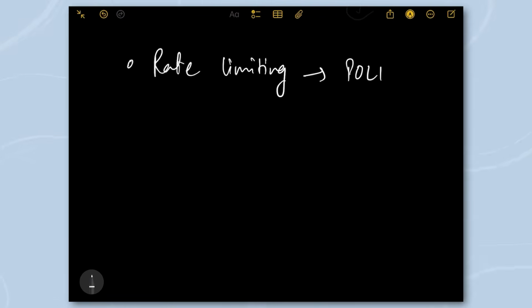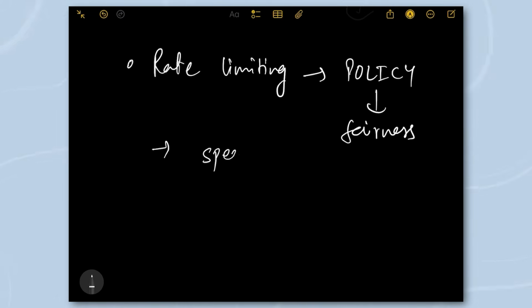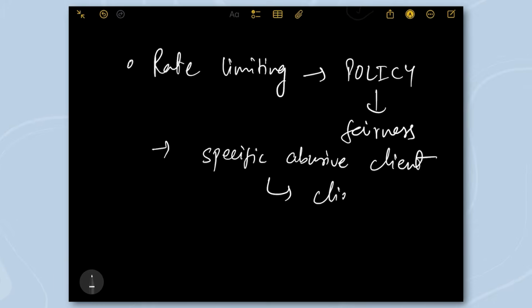Okay, so before we wrap up, let's use this mental model to distinguish between the two. Rate limiting is all about policy, or fairness, or basically the business logic. It protects the service from abusive clients and DDoS, which is nothing but client isolation.